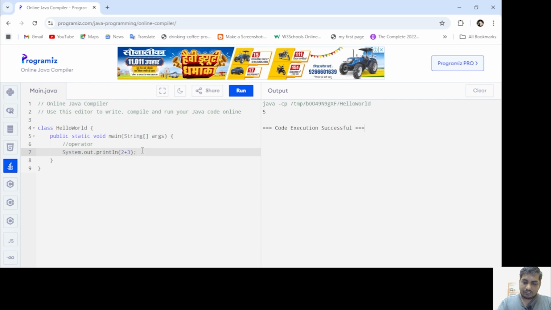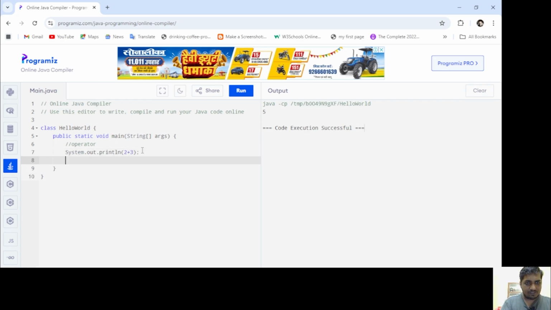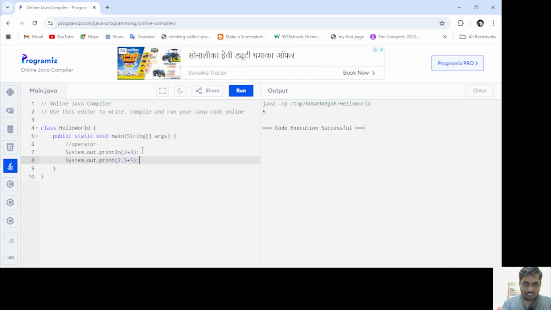Now the second rule says that if you use the decimal point, the float point, meaning a dot, a decimal value, for example 2.5 plus 5, then Java always gives a decimal value, which means 7.5. The result will always come with the decimal.